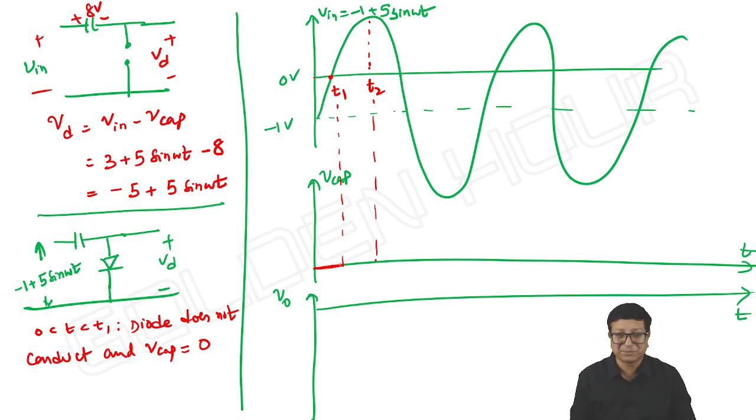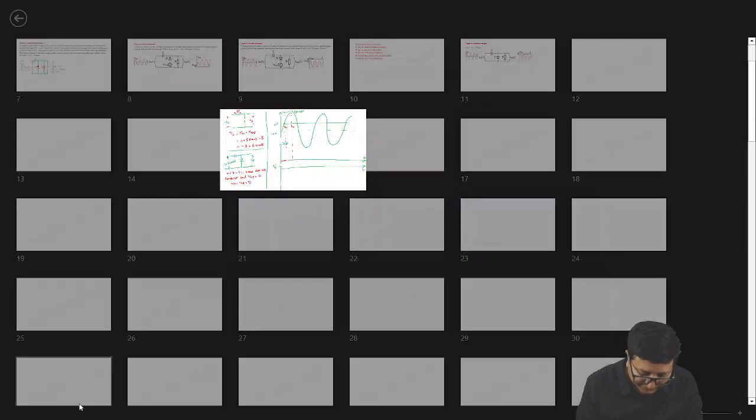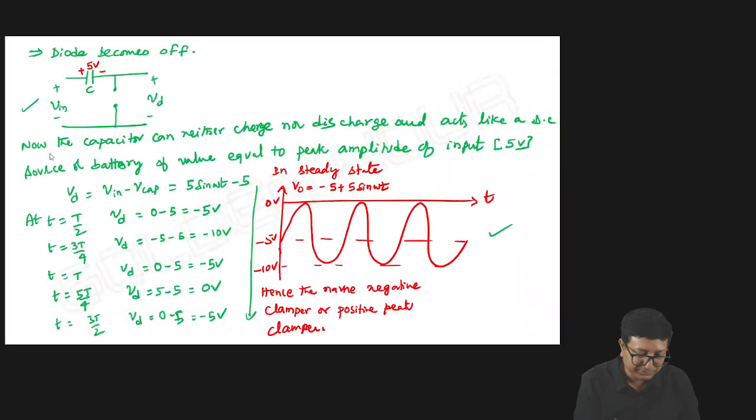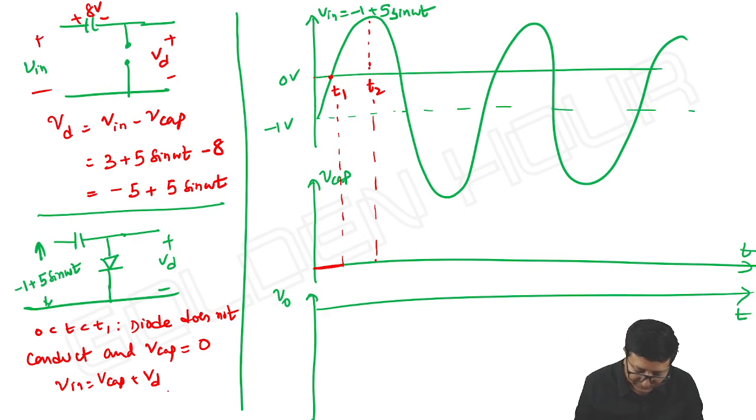Then what about V output? V output is equal to V input. V capacitor is 0. So if we know V input is equal to V capacitor plus Vd, we can write, V capacitor is 0, Vd is equal to V input.